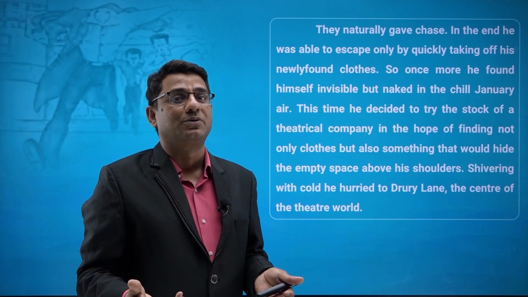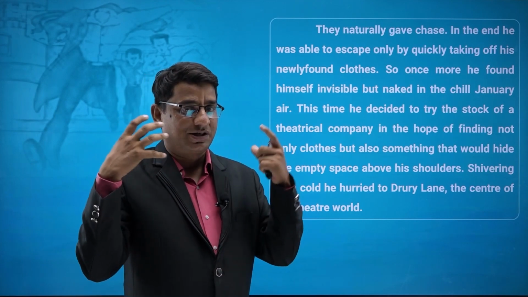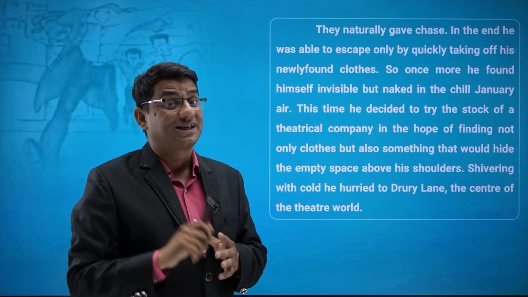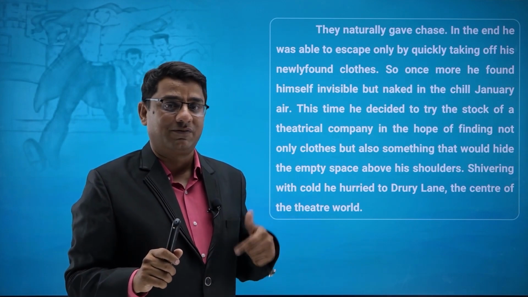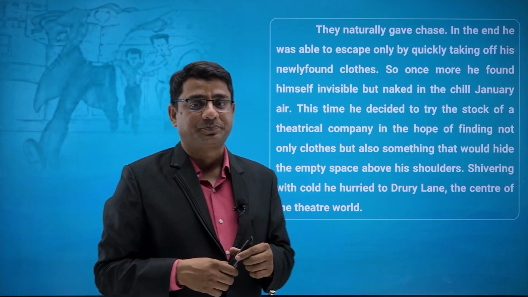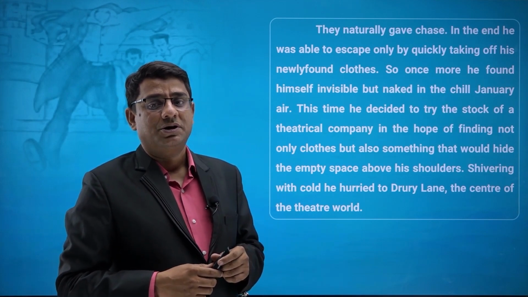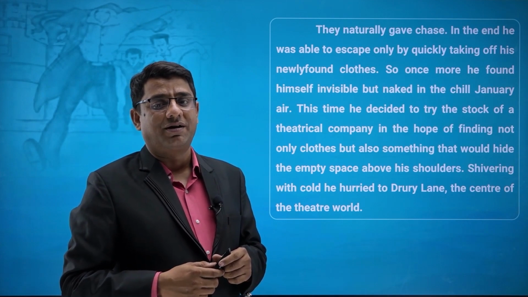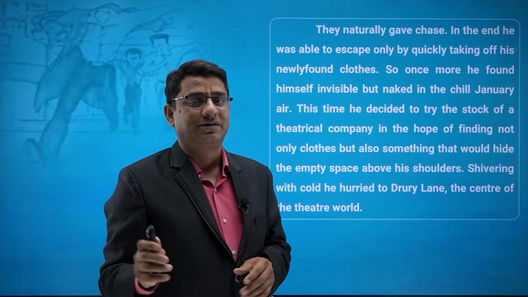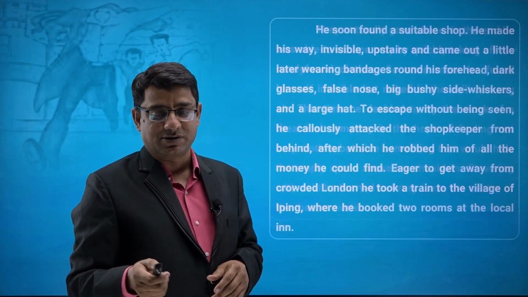In the drama company, you see all the fancy clothes, mustaches and wigs, and everything is available. First he had gone to the London store, but he was facing some problem, and then he went to the drama company. Shivering with cold, he hurried to Drury Lane, the center of the theatre world, in London, of course.